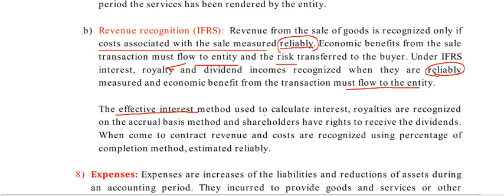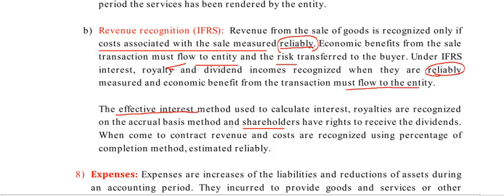The effective interest rate method is used to calculate interest. Royalties are recognized on the basis of the accrual basis of accounting. You know this accrual basis of accounting. And dividends are recognized only for real shareholders, meaning shareholders have the right to receive the dividends. If they don't have a right, then that should not be recognized.